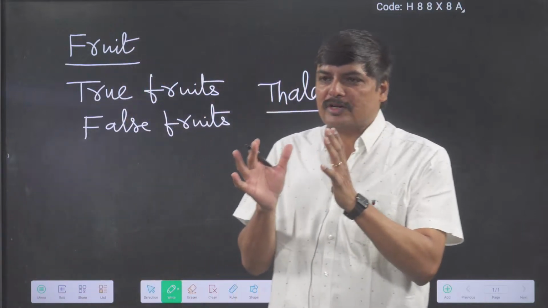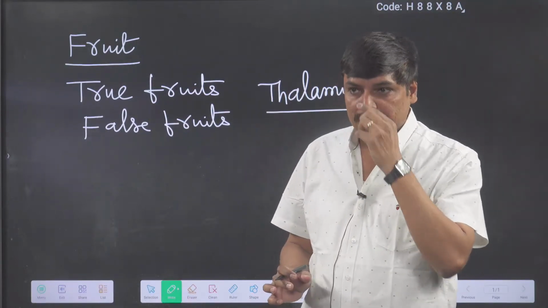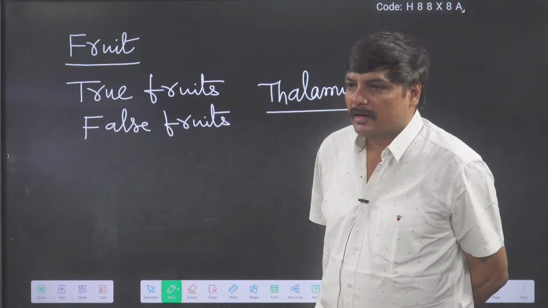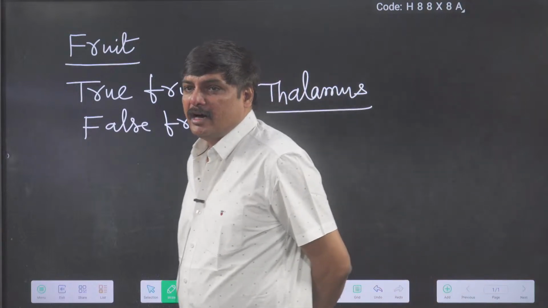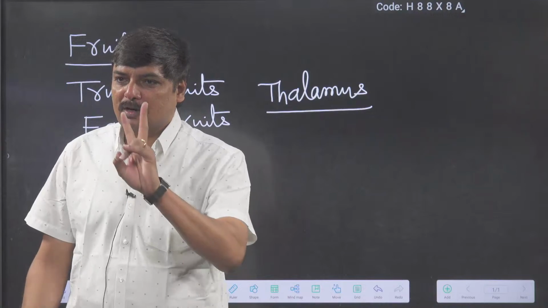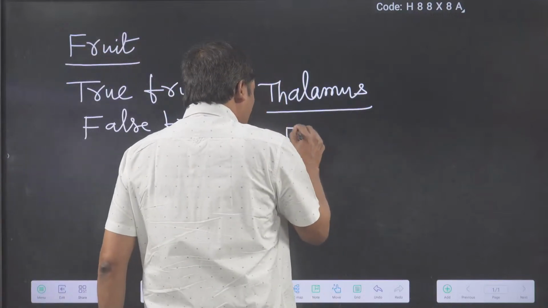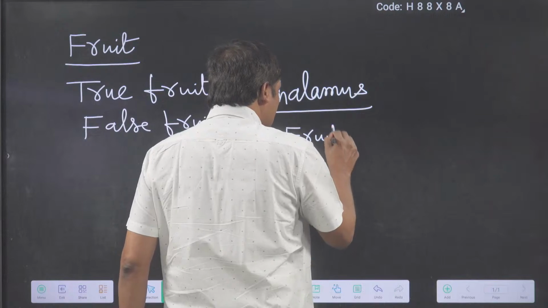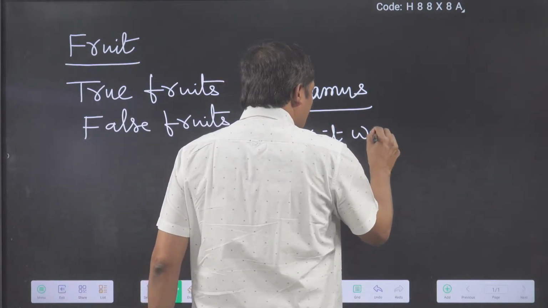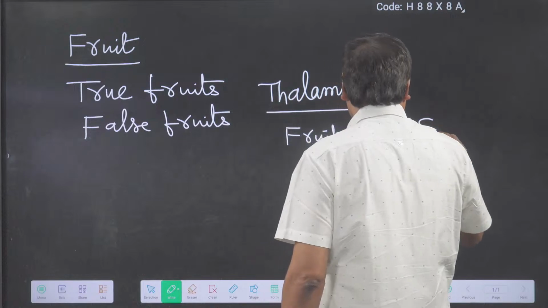A true fruit contains how many parts? Two parts. They are fruit wall plus seed.